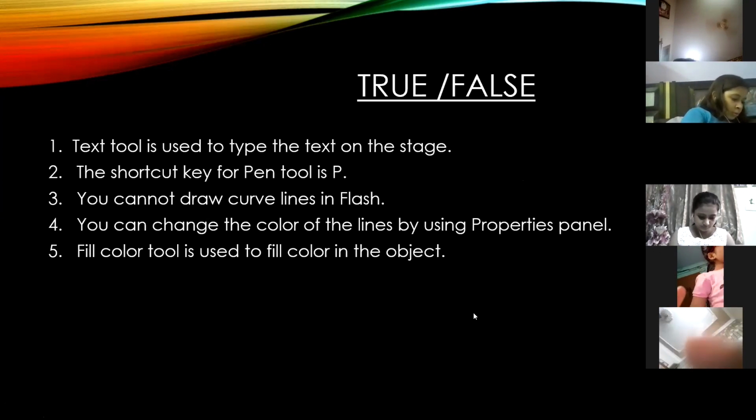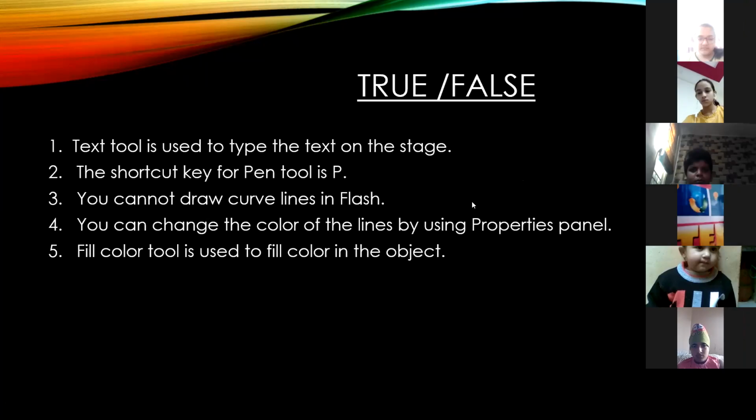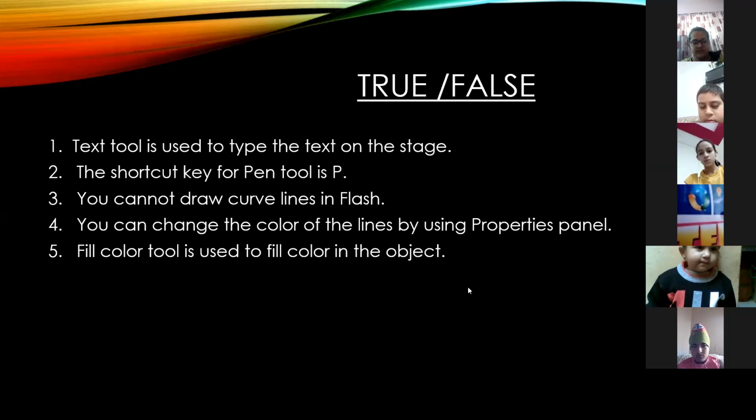So let's ask the next statement to Krishna. The shortcut key for pen tool is P. True or false? Ma'am, true. True. Very good. The second answer is also true.